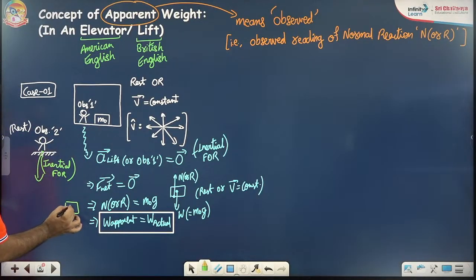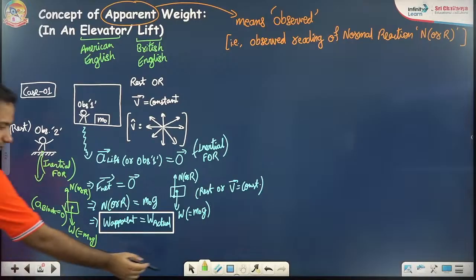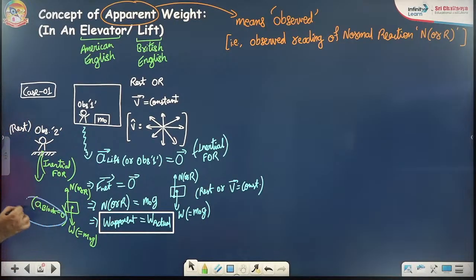The forces acting on the block according to this observer are also W equals m naught g, and here also N or R. The acceleration of the lift, the acceleration of the block, is observed to be 0.